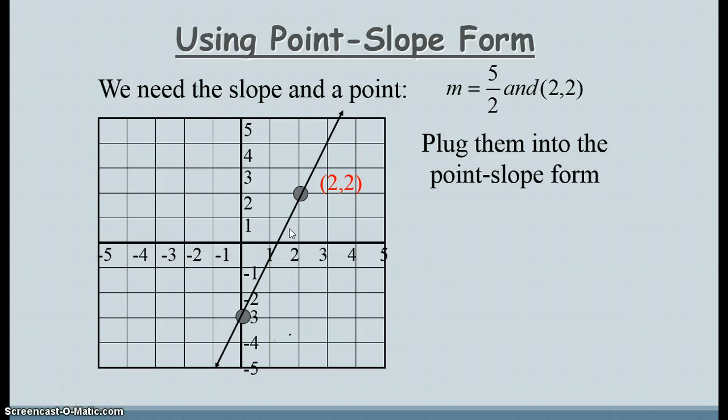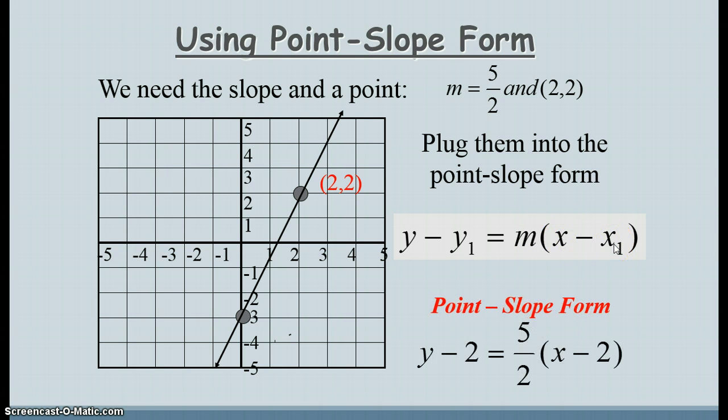So plug them into this point slope form. Okay? We have our equation, which is y minus y1 equals m times x minus x1. And then we get the point slope form, which, remember, is y1 is the 2 that I have right here, and x1 is the other 2 that I have right here, along with my resulting slope, which is 5/2.